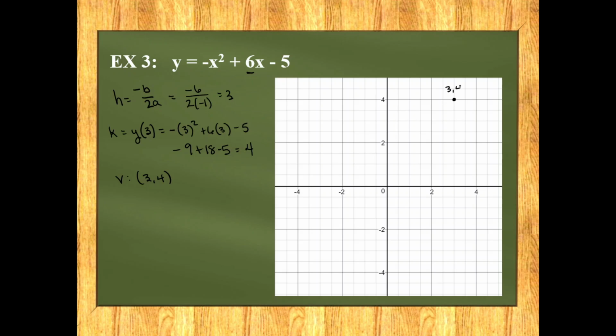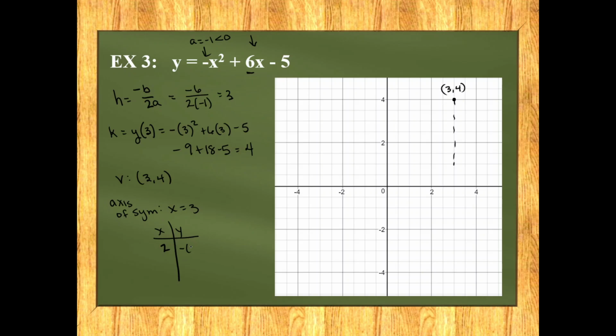Okay. Now the other thing I notice here is that my a value is -1, so it's going to go down. And then my axis of symmetry is at x equals 3, so that's here. So now I'm going to choose a point. So let's choose something near 3, so I'll plug in a 2.